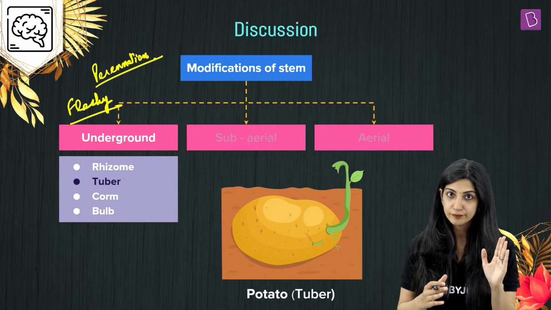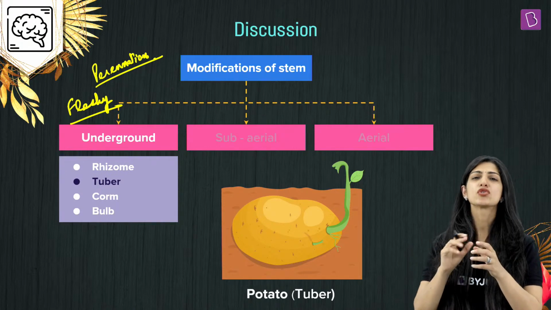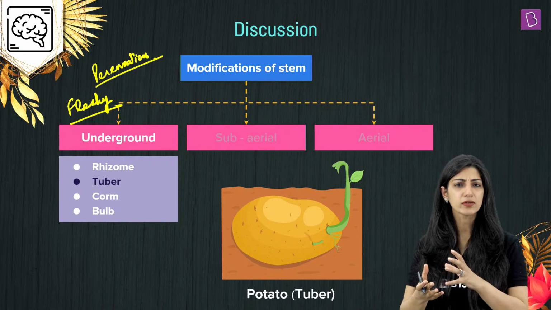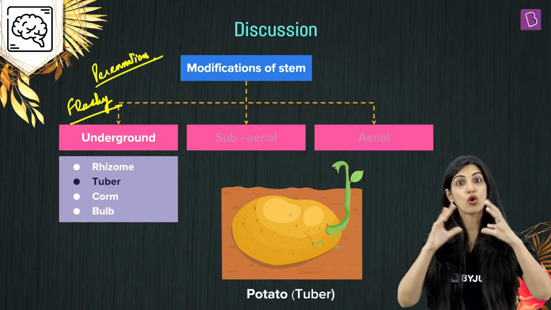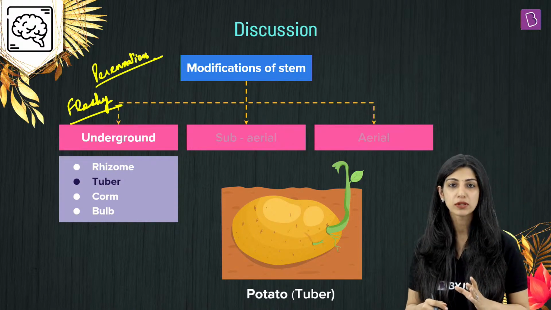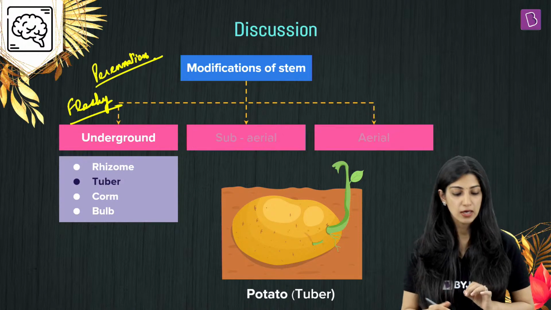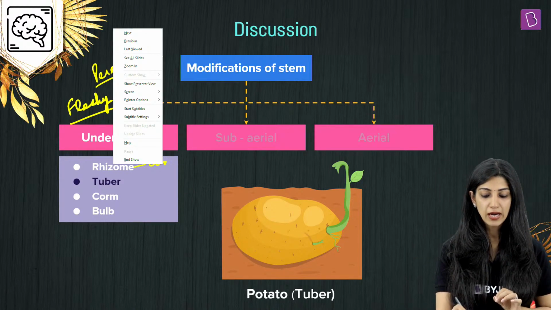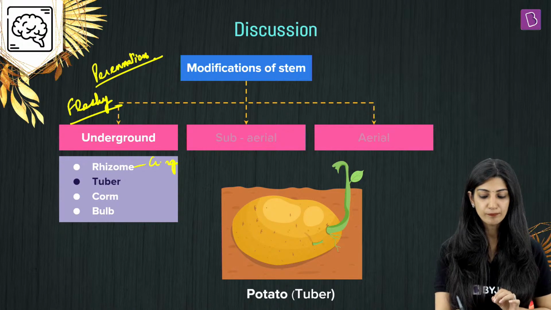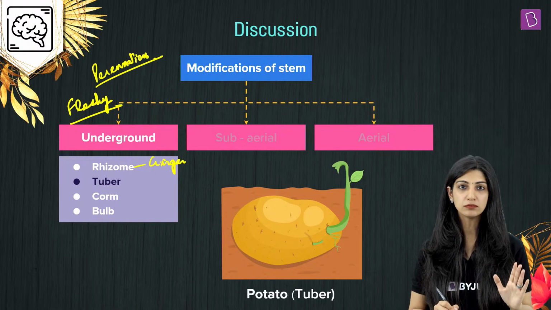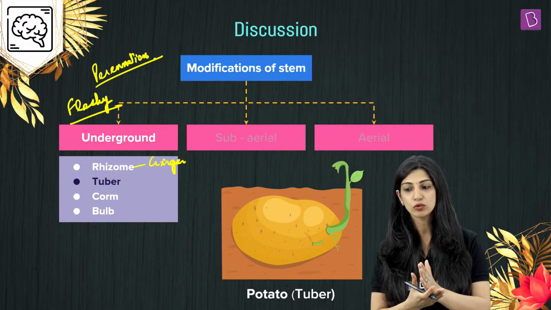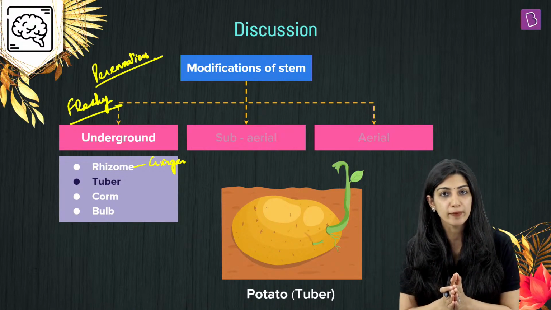Is everything clear? Good. Now, according to the shape and other characteristics, we have the rhizome, the tuber, the corm, and the bulb. I'll tell you the examples of all. Rhizome is your ginger and the turmeric. Tuber is right in front of you. Aloo is tuber. Tuber in botany means when there is no definite shape.